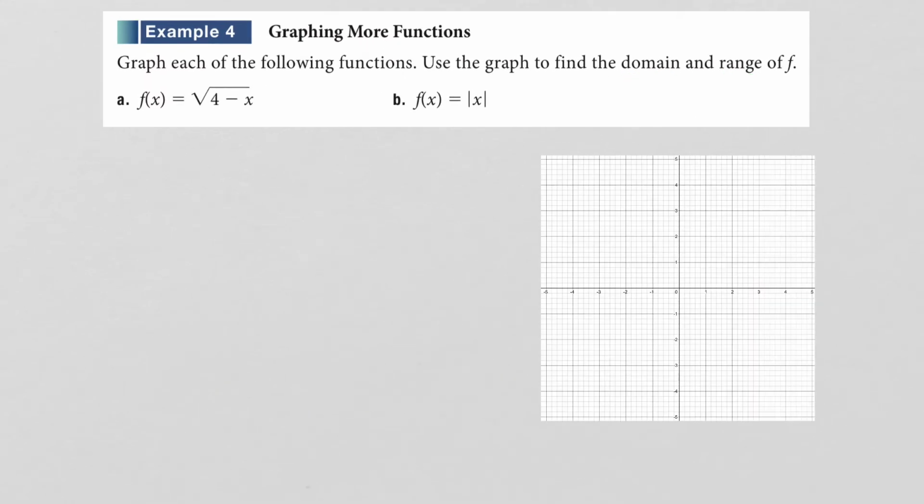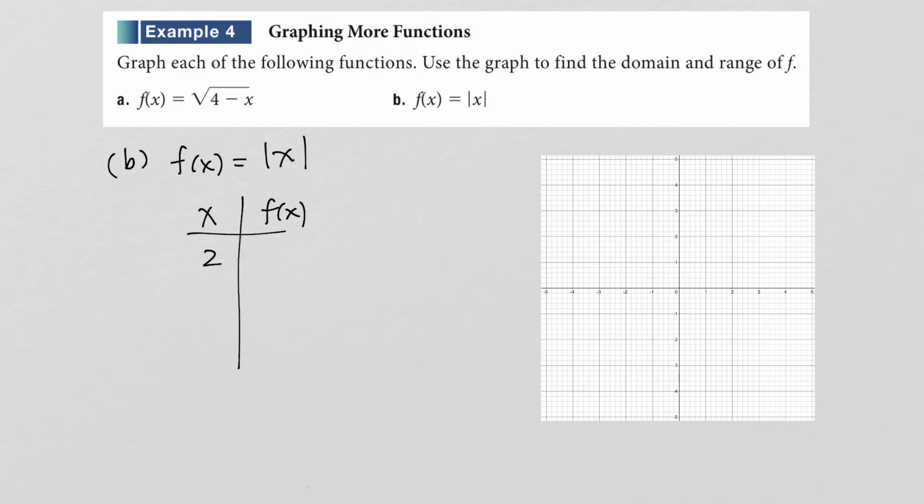So for part B, we want to graph the function f of x equals the absolute value of x. For this, we'll do the same thing. We'll make a little table of values here, x and f of x. And I'm just going to pick some standard values like x equals 2, 1, 0, negative 1, negative 2. And absolute value is pretty simple. When you take the absolute value of a number, you just give the distance that number is from 0.